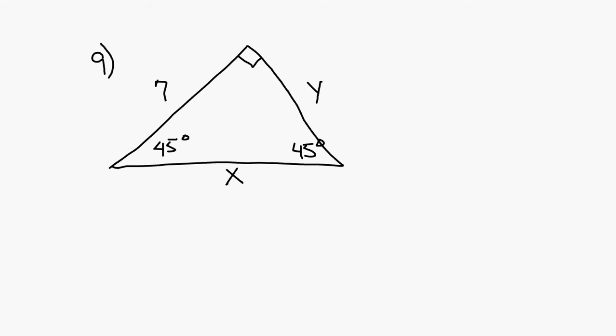If the two angles are the same, then the two sides are the same. So in this case, y is equal to 7. If you know a leg in a 45-45-90, you can multiply it by the square root of 2 to find the hypotenuse. So the hypotenuse is going to be 7 times the square root of 2.